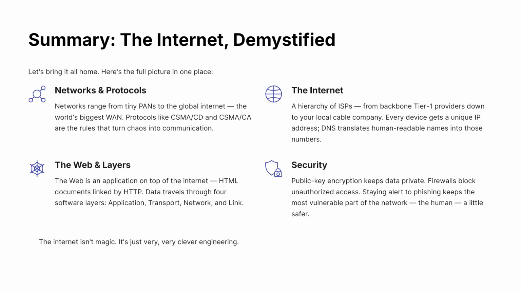The World Wide Web is an application layer on top of the Internet. Documents connected by hyperlinks, encoded in HTML, transferred via HTTP. Data travels through 4 software layers: application, transport, network, and link. The transport layer turns messages into packets. TCP ensures reliable delivery.